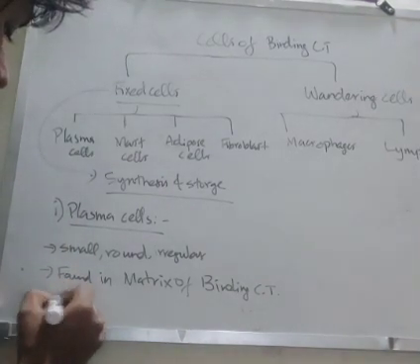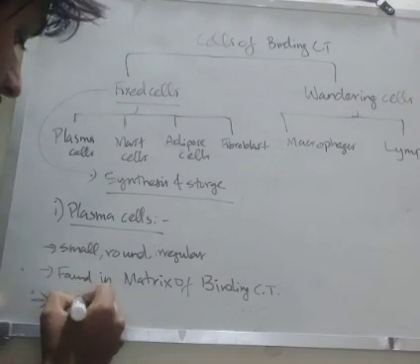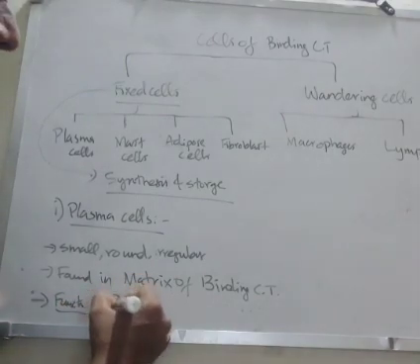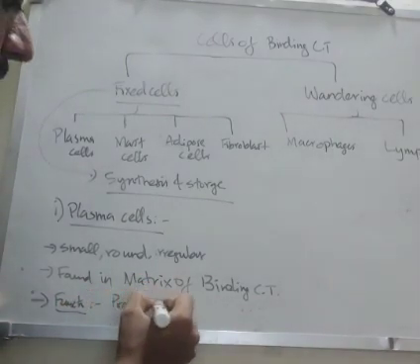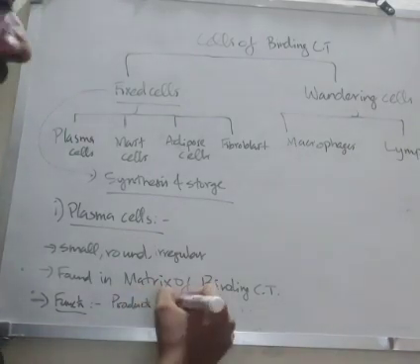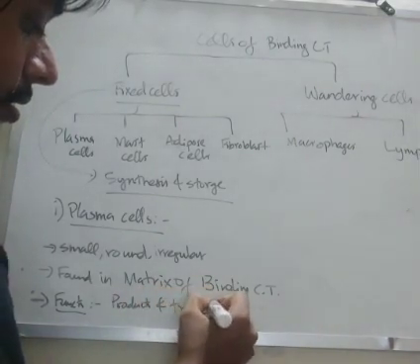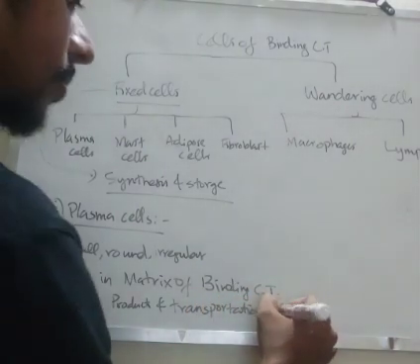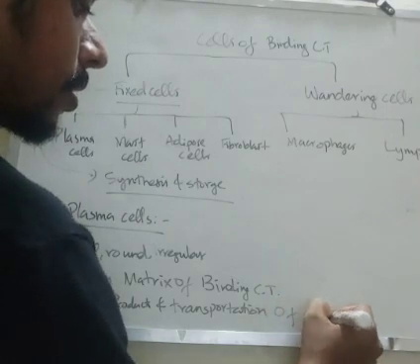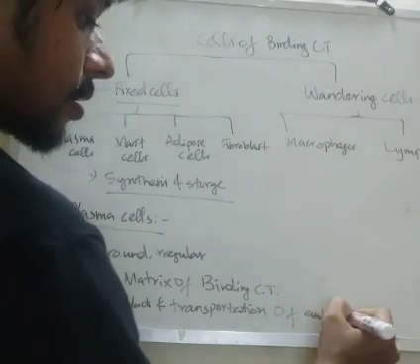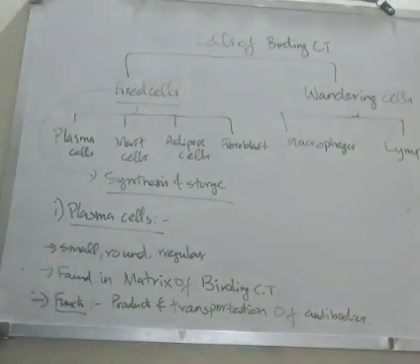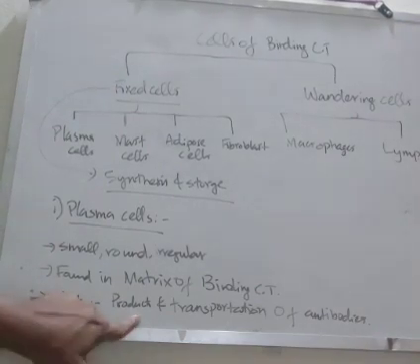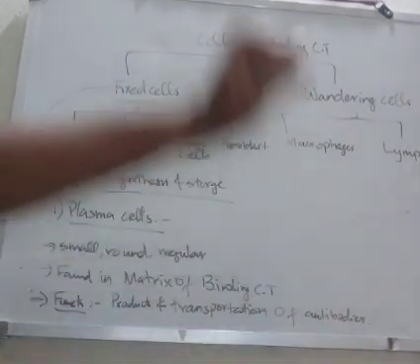So we can understand the function of plasma cells. Plasma cells are fixed cells, and the function is production and transportation of antibodies.